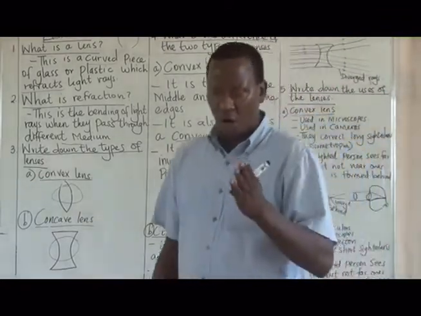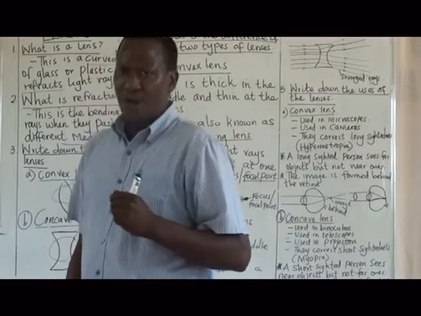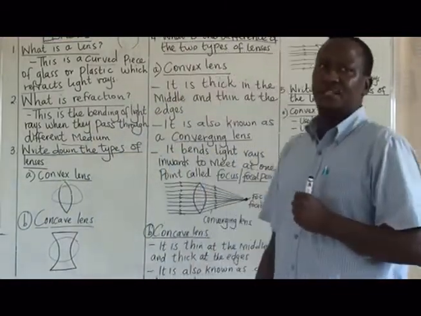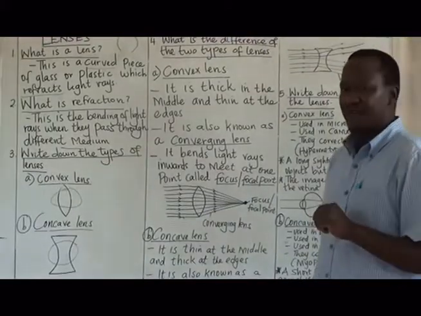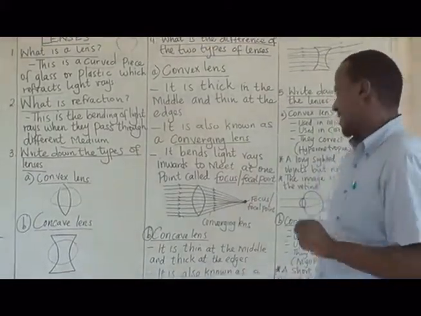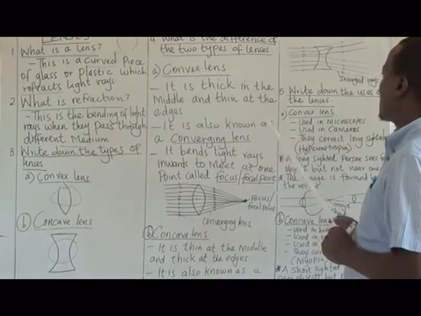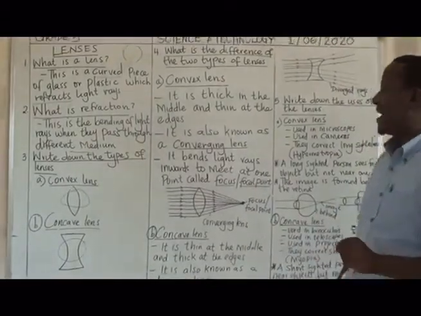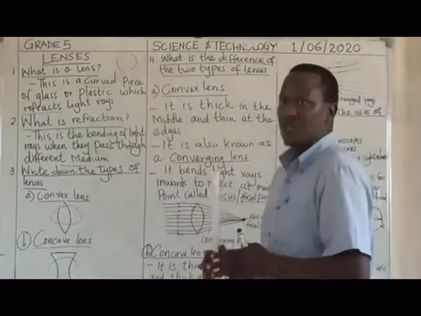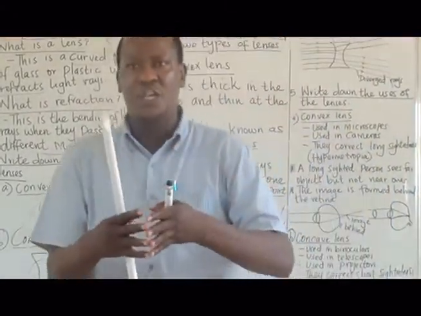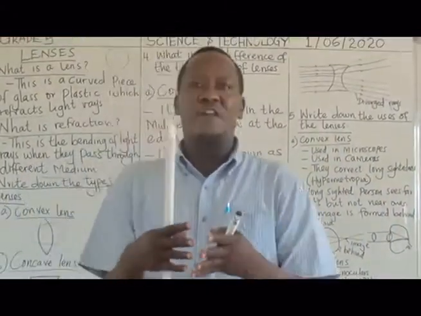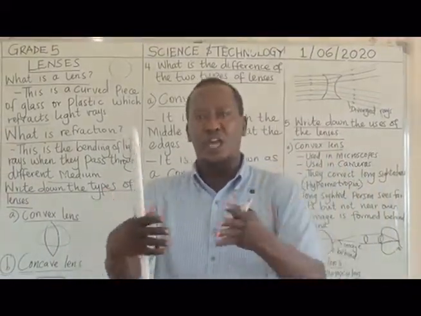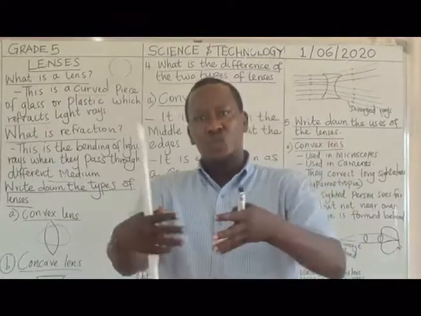Very good. I hope you have seen the first difference between a concave and a convex lens. Secondly, a convex lens is also known as a converging lens. The word converging comes from the word converge. Converge means bringing or collecting things together.